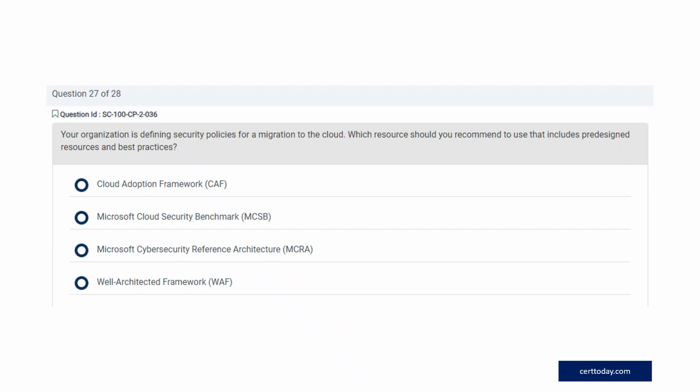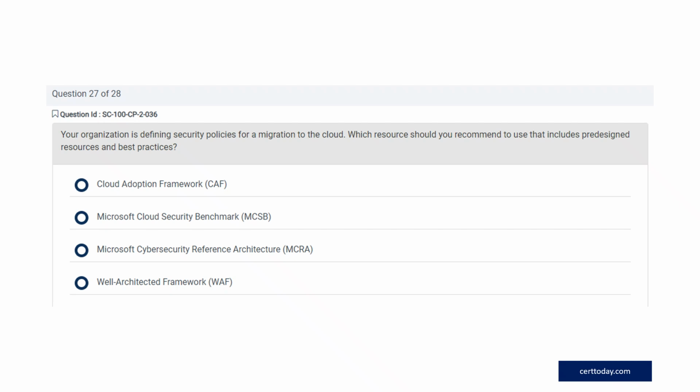Question 27. Your organization is defining security policies for a migration to the cloud. Which resource should you recommend to use that includes assigned resources and best practices? A. Cloud Adoption Framework or CAF. B. The Microsoft Cloud Security Benchmark, MCSB.